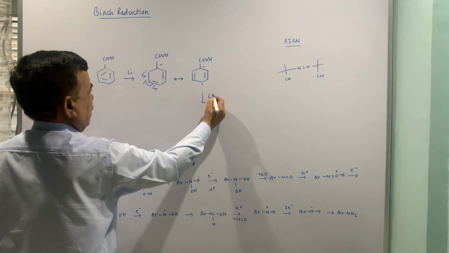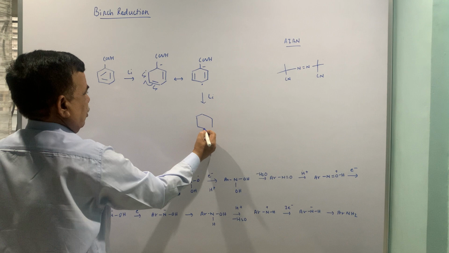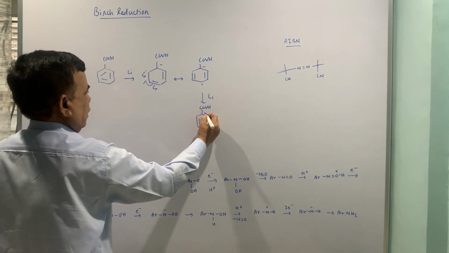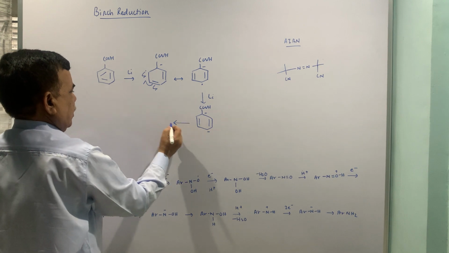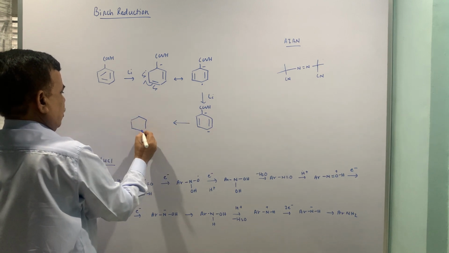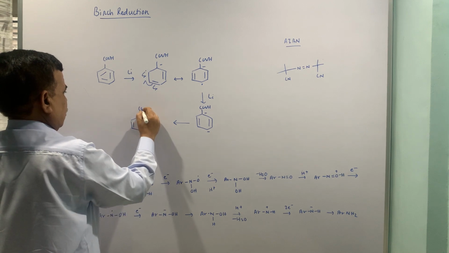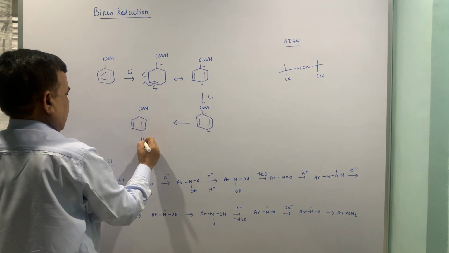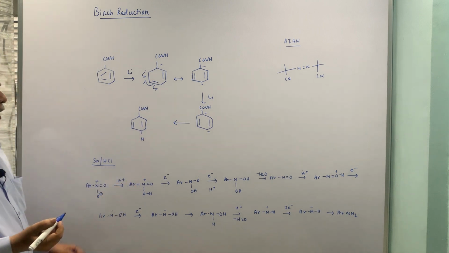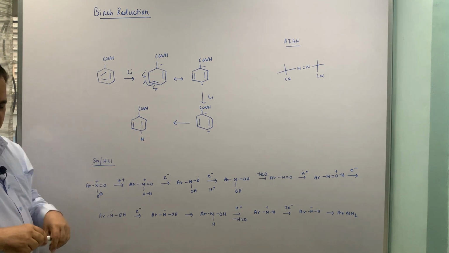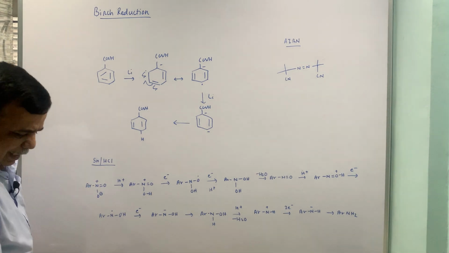One more lithium gives away an electron, and ultimately this can take up a proton and you get 1,4-dihydrobenzoic acid as the product. Whether you write H or not doesn't matter, but I am just putting it for the sake of convenience. So this is the second example.